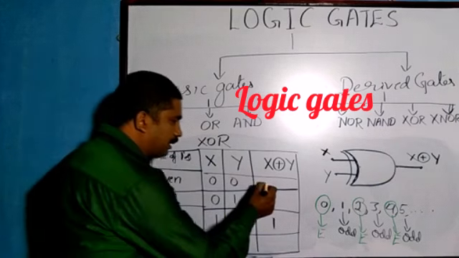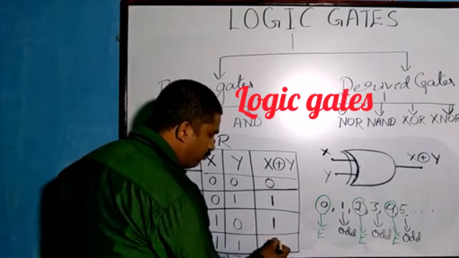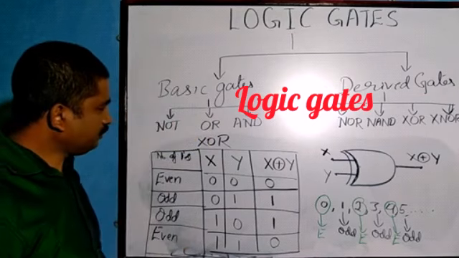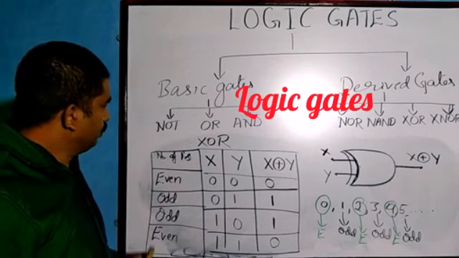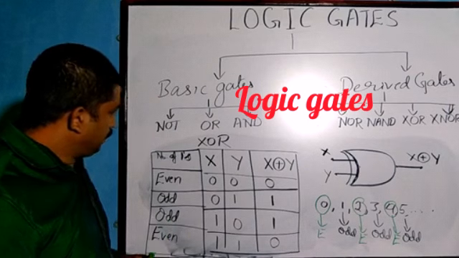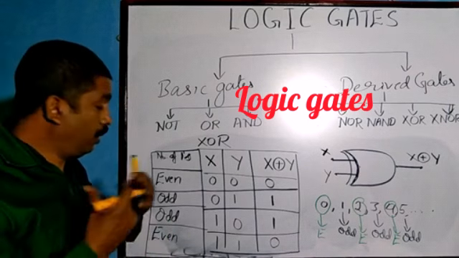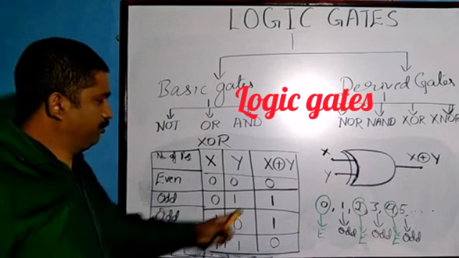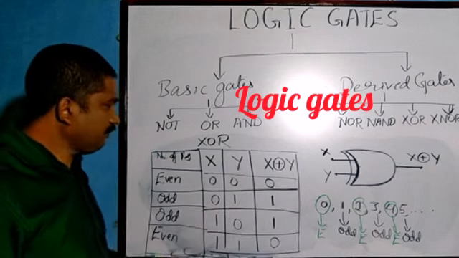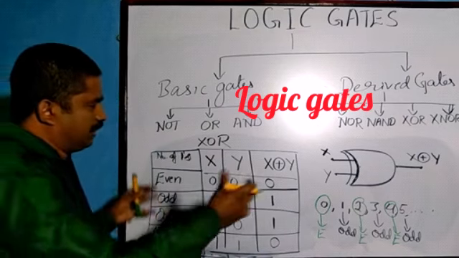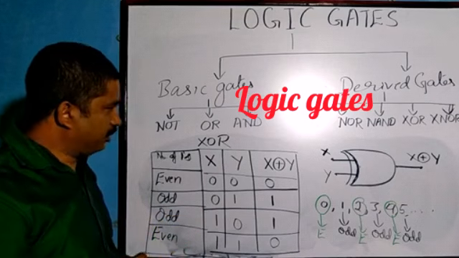For even, automatically it will become false, 0. To remember, I have one trick. XOR gate: spell OR. Odd means 1. So this is how we can learn the XOR gate.